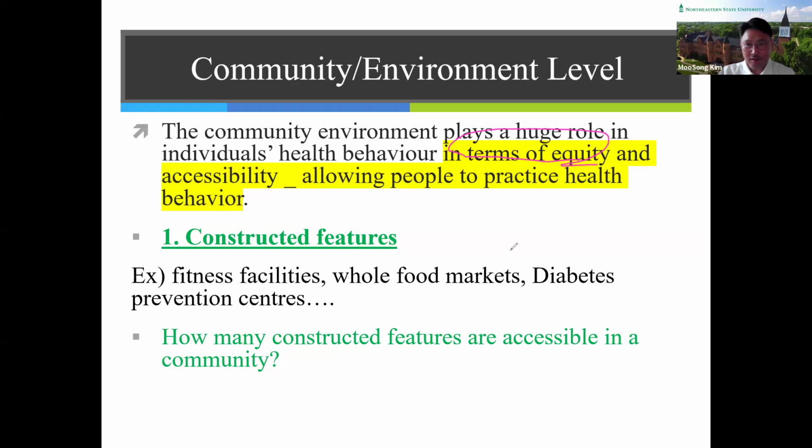There are different types of constructed features, like fitness facilities, whole food markets, and diabetes prevention centers. How many constructed features are accessible in a community, right? We worked on the online assignment for this.